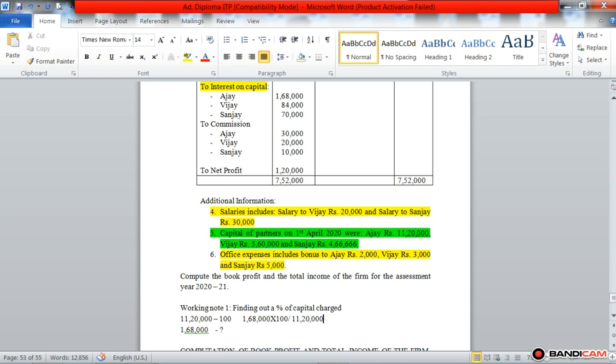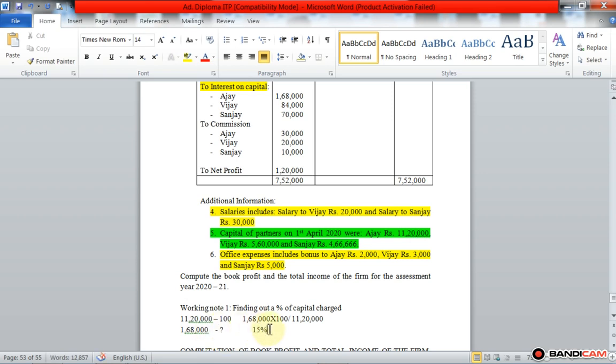We get the percentage of interest on capital charged, that is 15%. So the interest is given to each partner at the rate of 15%.